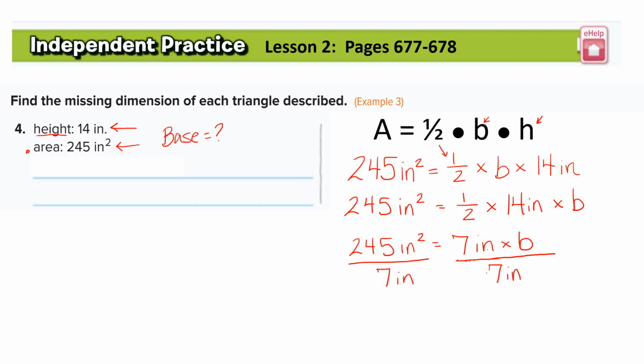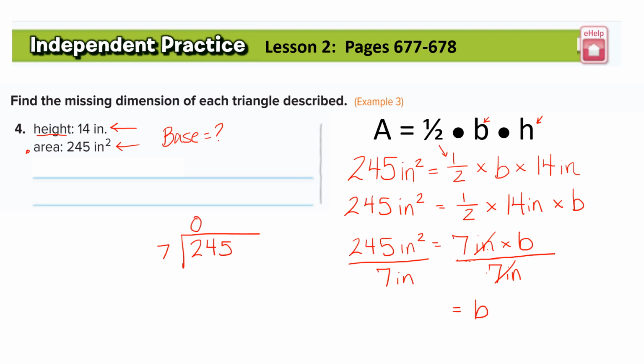7 divided by 7 is 1, and 1 times b equals b. Now I have to divide 245 by 7. 7 is unable to divide 2.